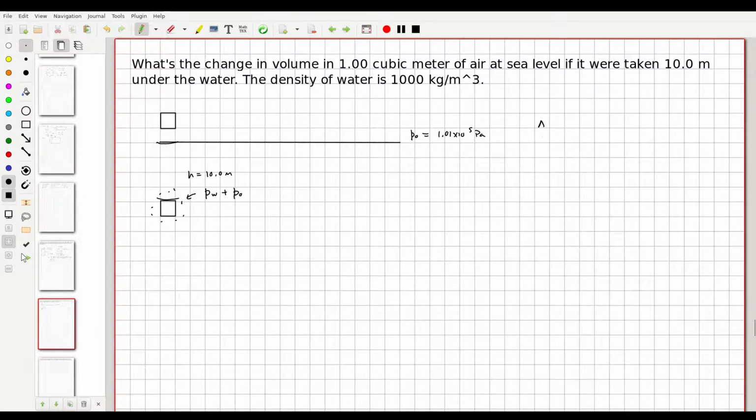So ultimately, the change in pressure that this thing is undergoing is the pressure of the water plus the air minus the pressure of the air. That's my final pressure minus my initial pressure, or just due to the pressure of the water.